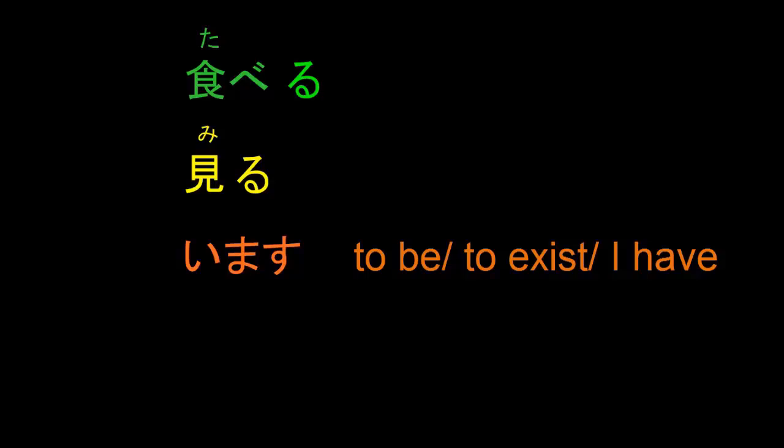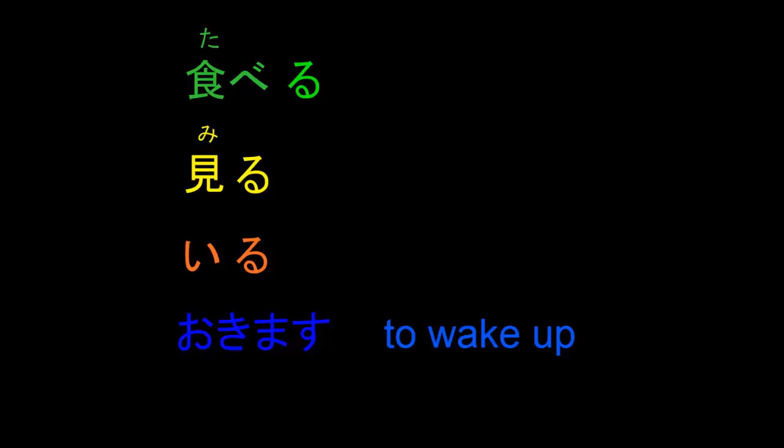Or sometimes it means I have when you're talking about members of your family. It's used about living things. Let's change it to its plain form by removing the masu and replace it with ru, iru, the plain form of to exist. Finally, we have okimasu, to wake up. Let's remove the masu to make the stem and replace it with ru, okiru, to wake up.